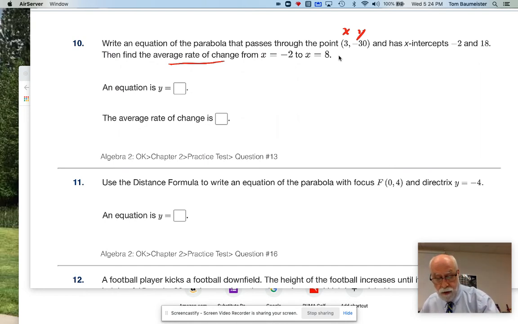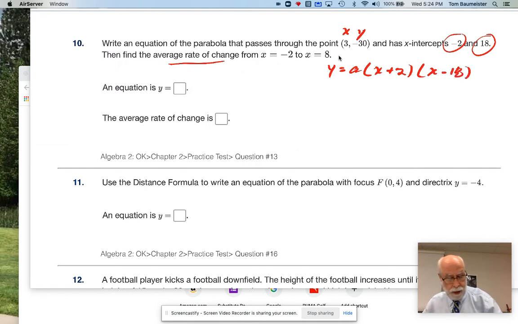So since they didn't give you the equation, you're going to tell me that y is equal to a times, and this time I told you, when they don't give you the equation, just take those and take the opposite sign. So you would have x plus 2, and then you would have x minus 18.